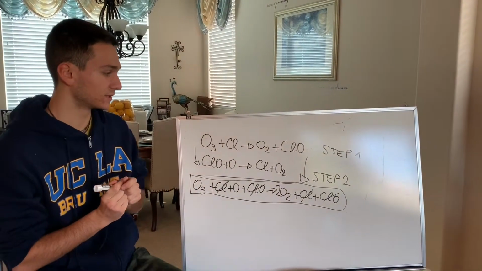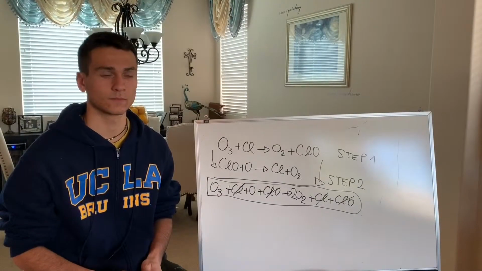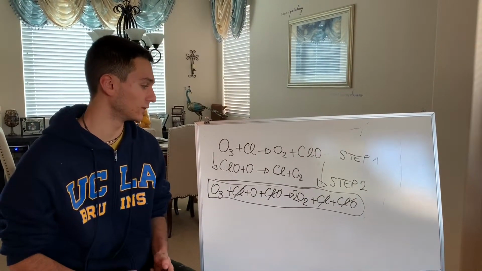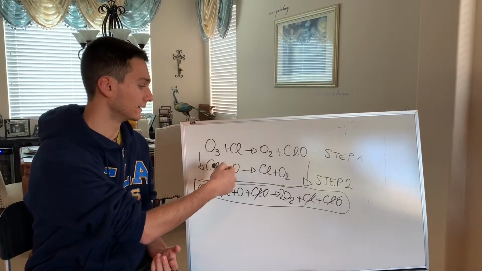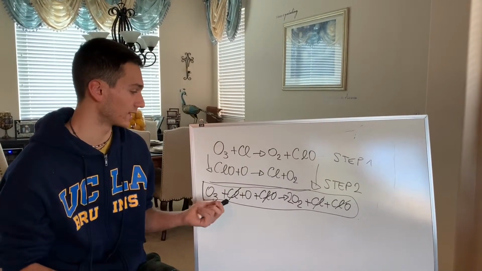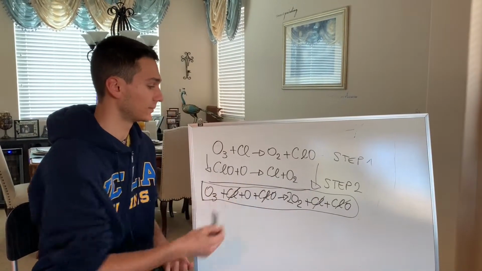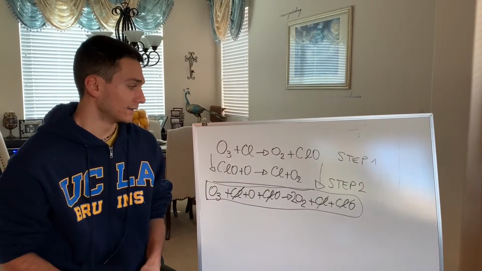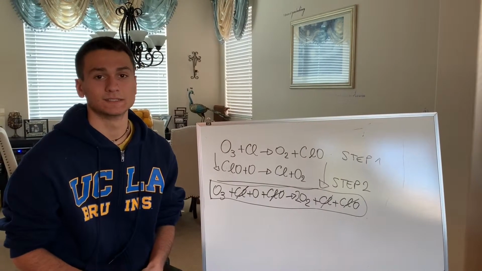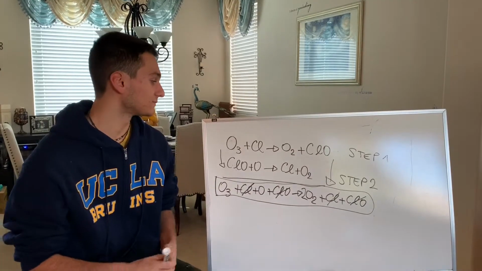It's important to understand also what a catalyst is and an intermediate. An intermediate is a molecule that is used up in the steps and doesn't take part in the overall reaction, and it cancels in one of the steps. Then a catalyst is something that speeds up the reaction and lowers the activation energy.